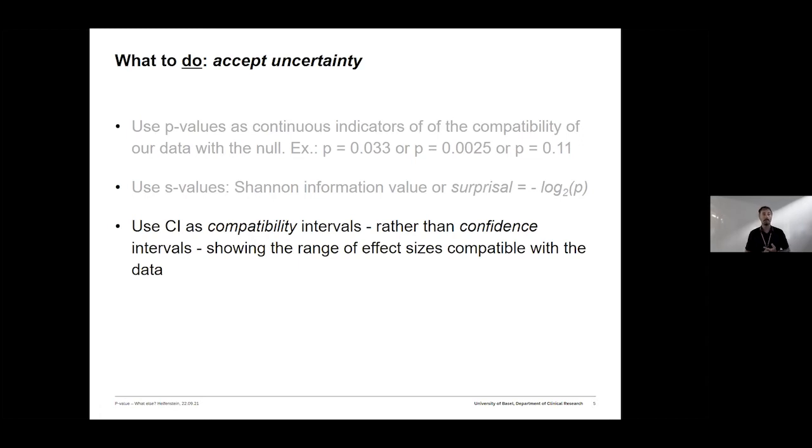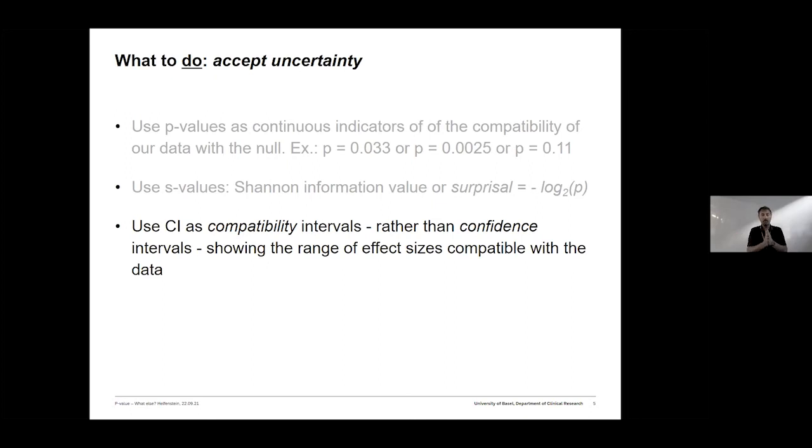And as Michael already mentioned, those compatibility intervals give you an indication of the possible values taken by your estimate. So you're looking for the true value of your effect, and you compute a point estimate and a compatibility interval. And this 95% compatibility interval tells you that those values within those two limits, the lower and the upper limit, are all compatible to some extent with your data.